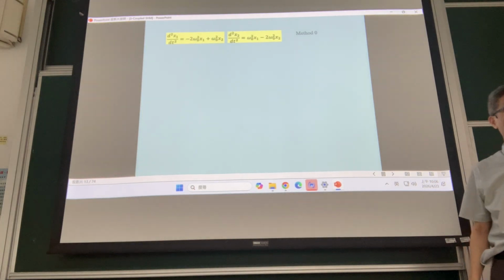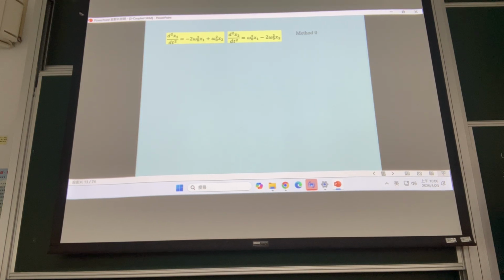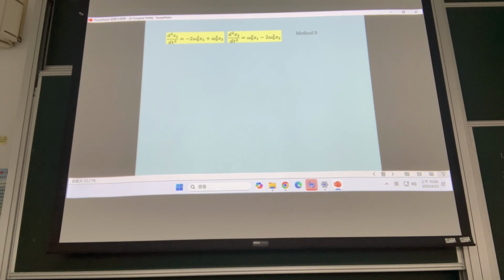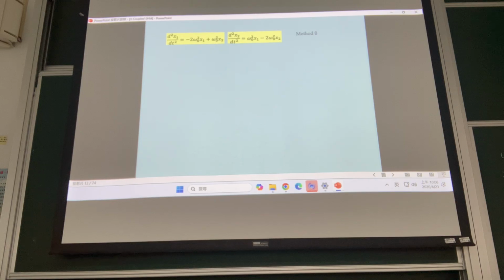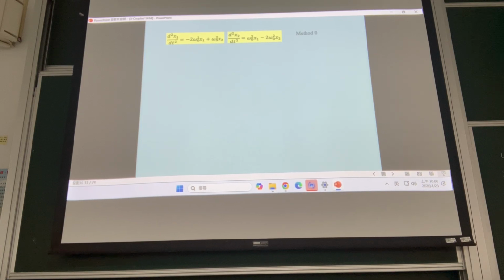Method 0. Okay. Method 0 means a very intuitive and very guessing style of solving a problem. Later, I'm going to give you method 1 and method 2 and method 3. Actually, in this problem, very excitingly, we have 4 different kinds of methods to solve it.